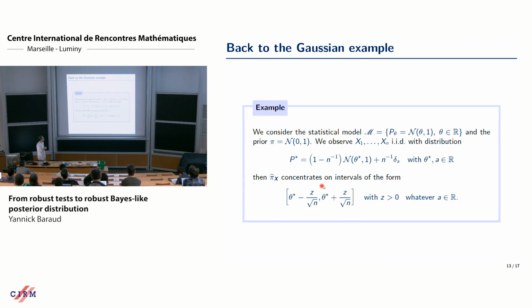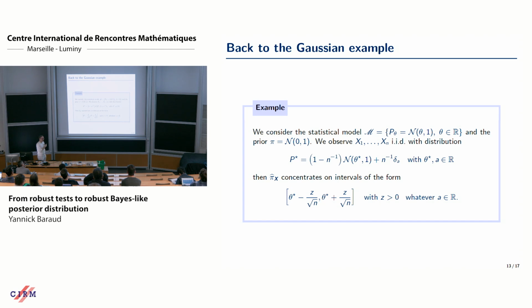What you get as a byproduct of what I've shown you before is that this new posterior distribution will concentrate most of its mass around the point theta star, even though the number A can be very far away. So the number has absolutely no incidence on the fact that the posterior will concentrate around theta star here.